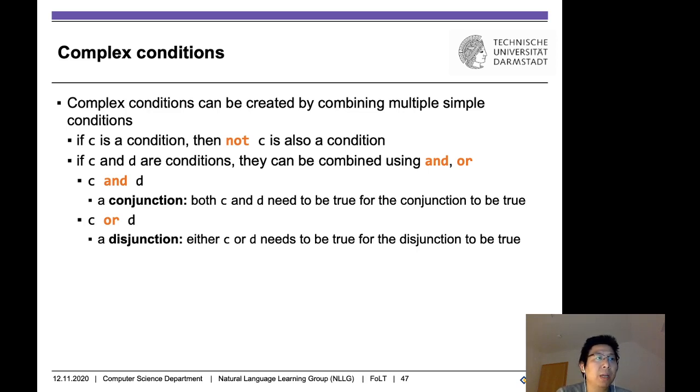For example, we can combine C and D with and, then the complex condition will get true if both C and D are true. And also, we can combine C and D with or. Then this complex condition will get true if one of C and D is true.